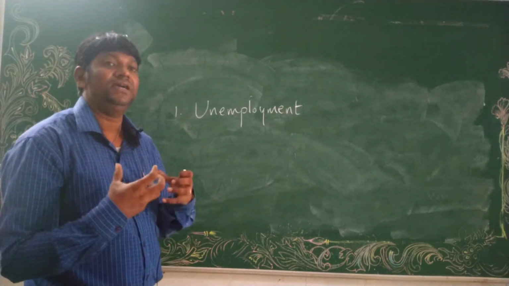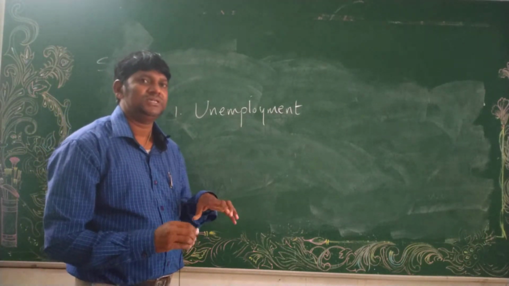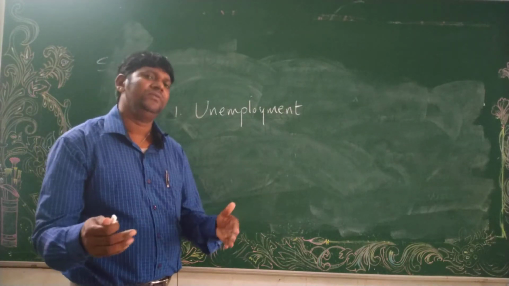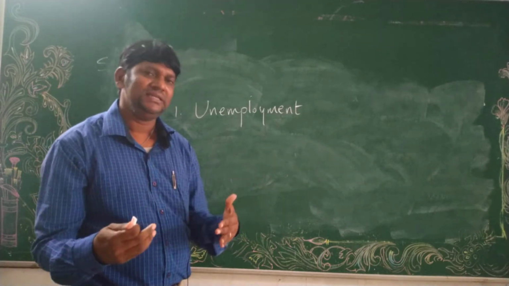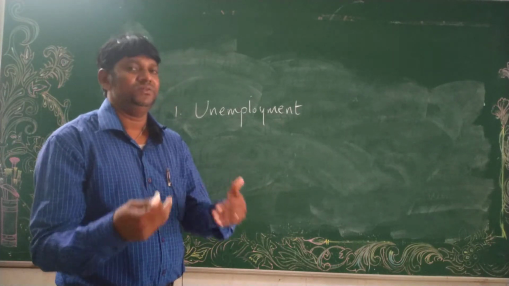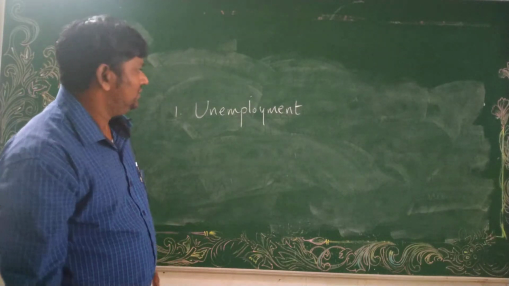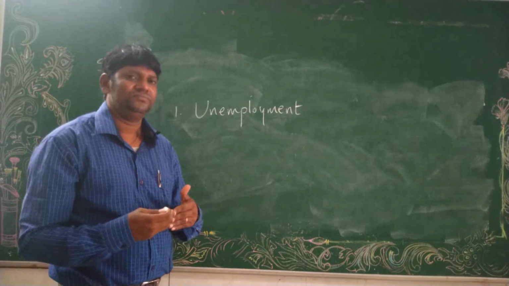The person who does not find a job is considered unemployed. Though you have a good qualification, capability and capacity to work, you don't find a job. That is called unemployment.